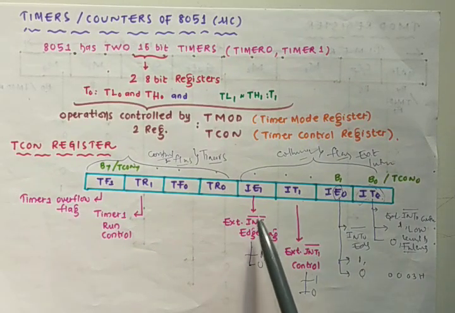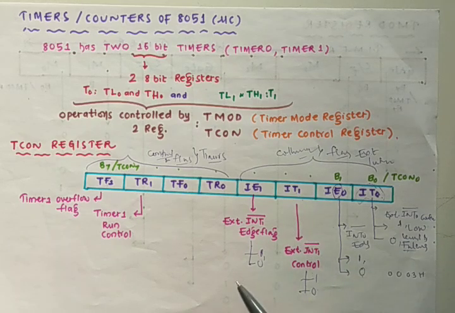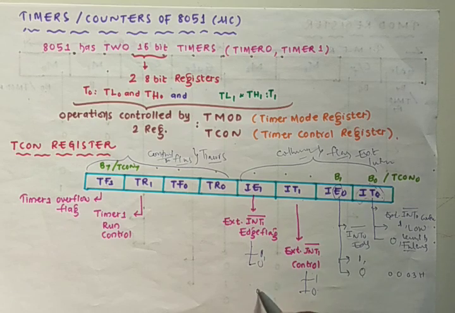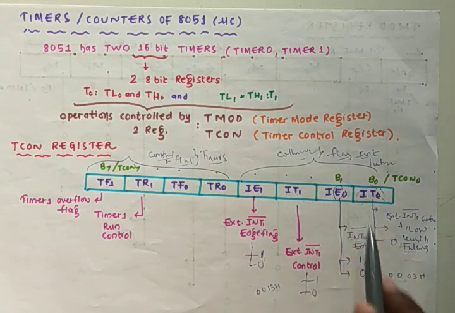This can be 1 whenever IT1 is equal to 0, and then the program control moves to the address 0013H. This is about the lower nibble.